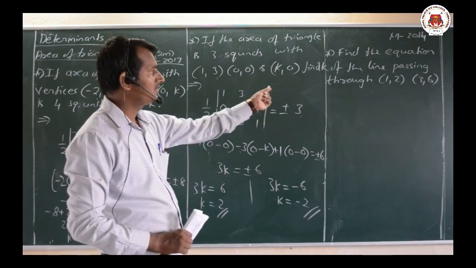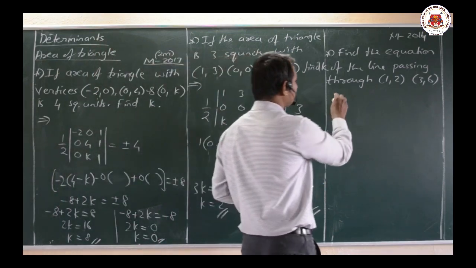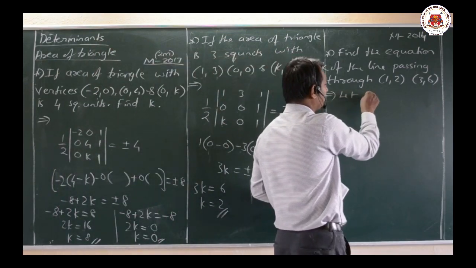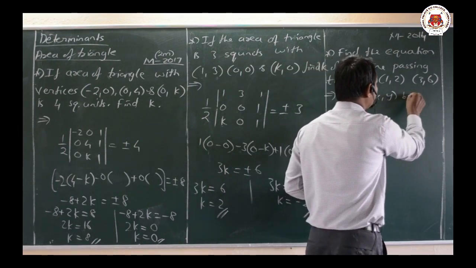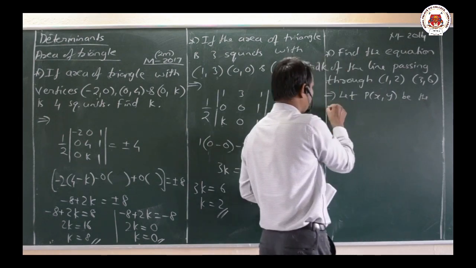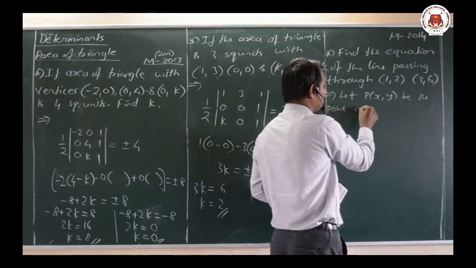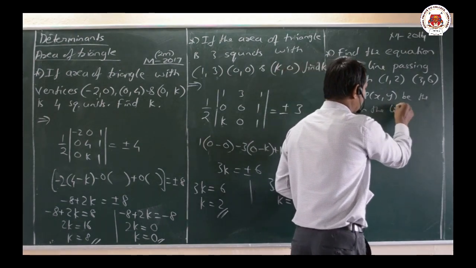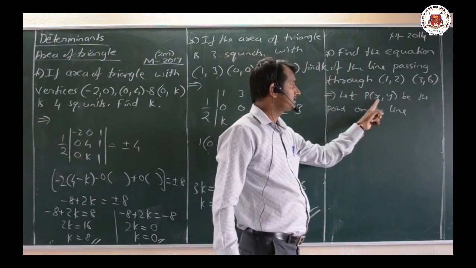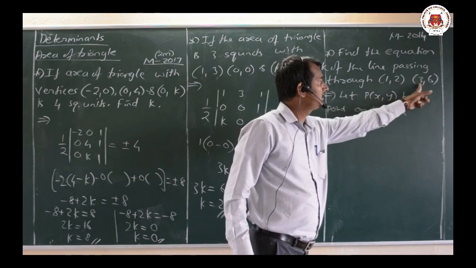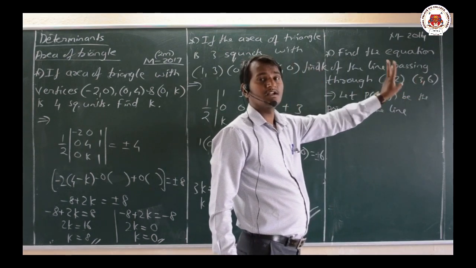Now let us take one more point here. Let P of x comma y be the point on the line. That means these 3 points, that is x comma y, 1, 2 and 3, 6, are collinear.